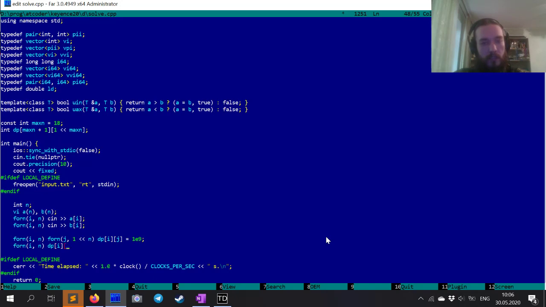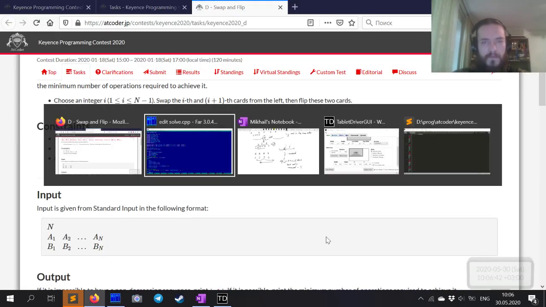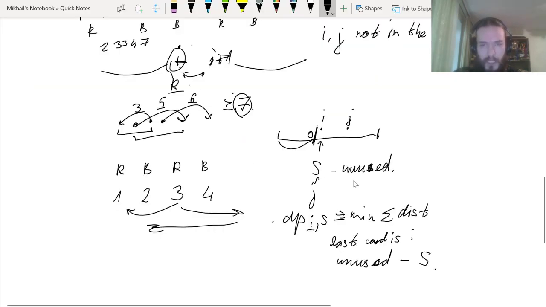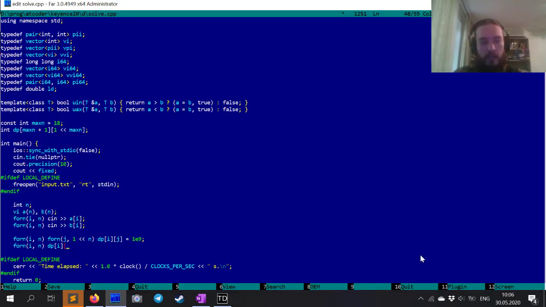So instead of S, I'm going to be storing the complement of S, so which numbers are used already. If the first number is I, then the set of used has only one bit I. The bit operations, right, with mask.